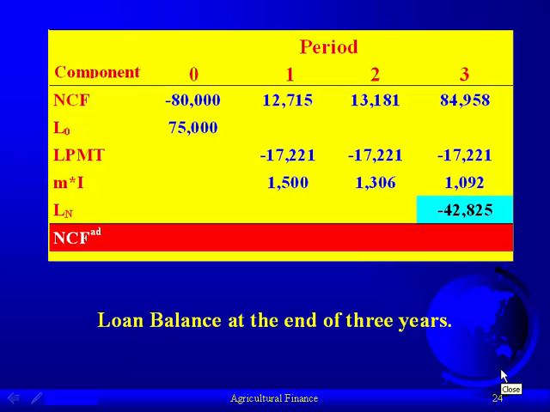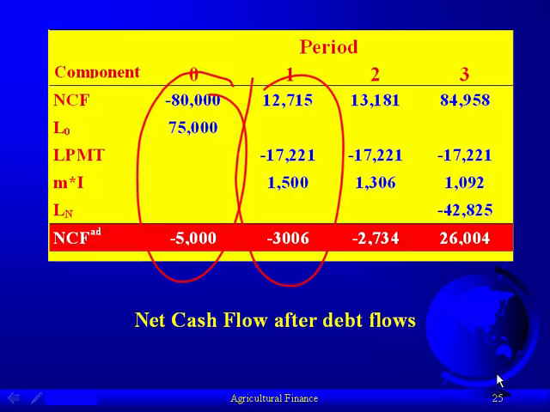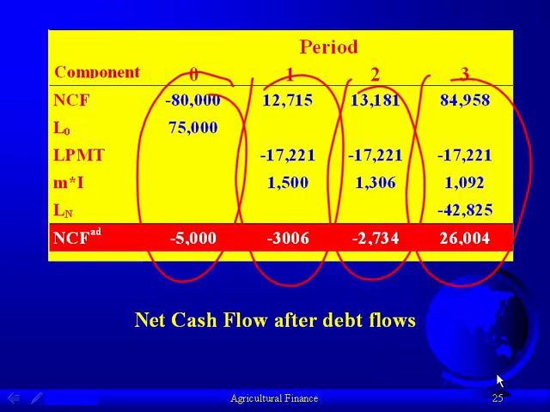So that provides our last component, and we put it in period 3, $42,825, which gives the loan balance at the end of 3 years. Now let's just sum up each of those columns to give us the net cash flow after the debt.